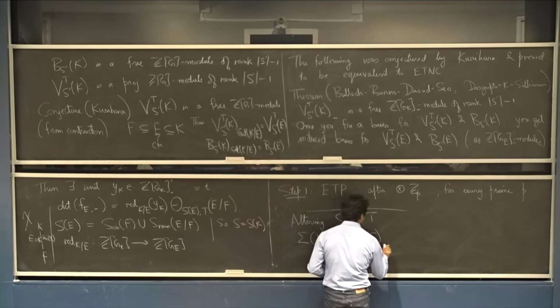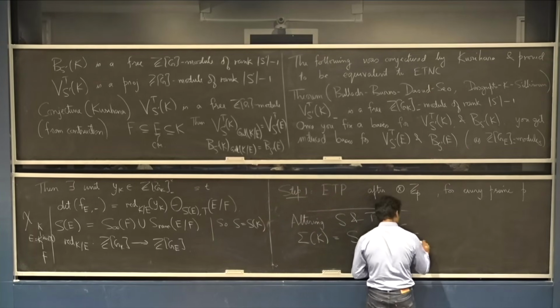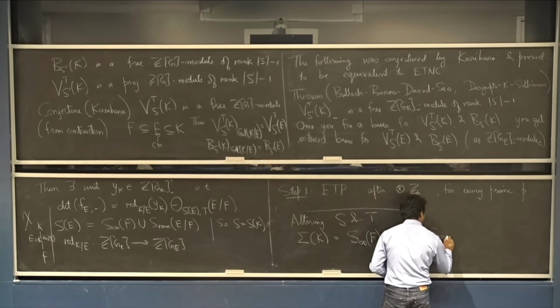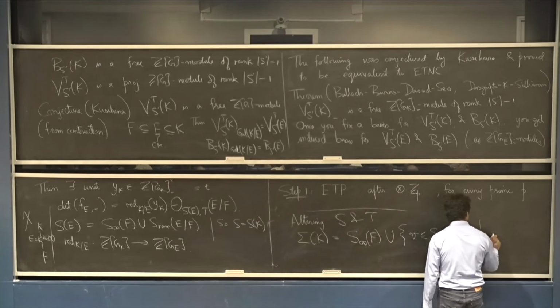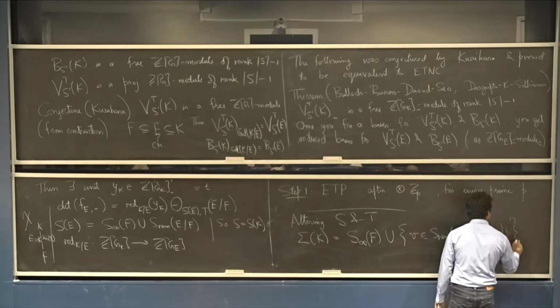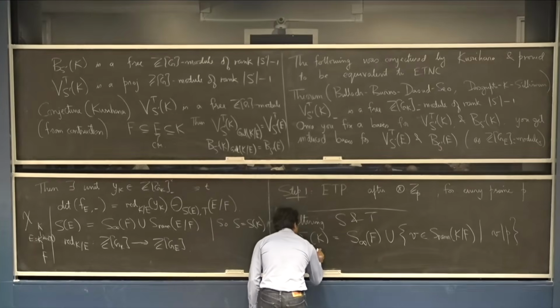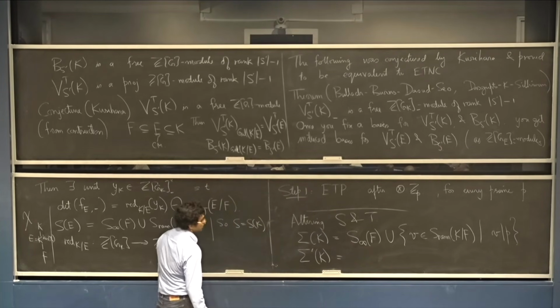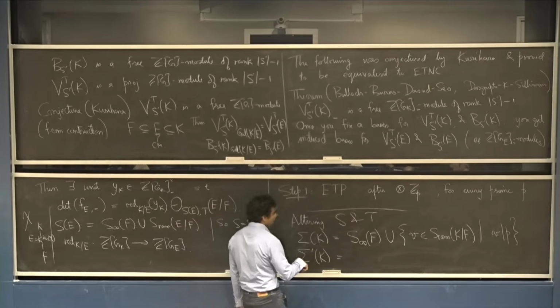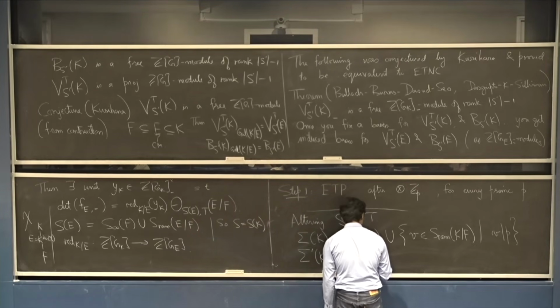You throw away some places: of the v in S ramified in K over F, you only keep primes that are above p. Then you change your T by throwing in all the other ramified places, which I'll denote by sigma prime.